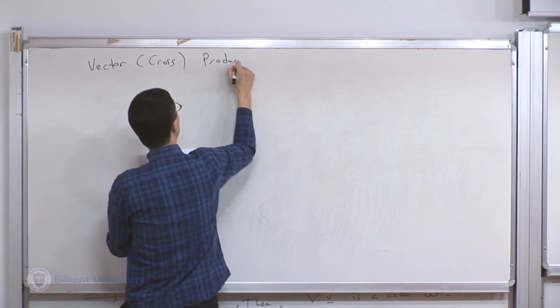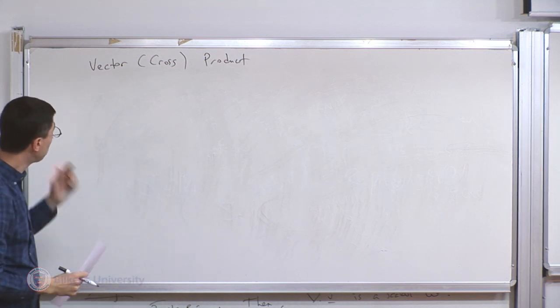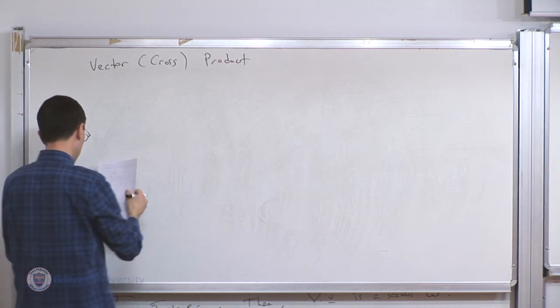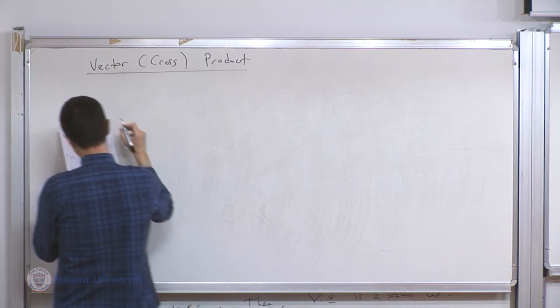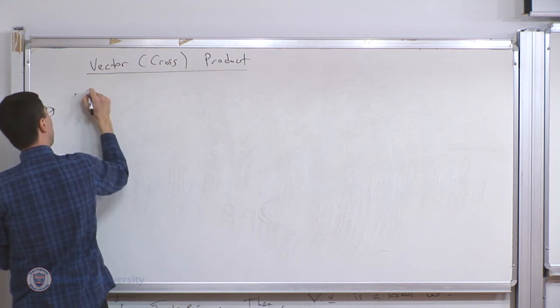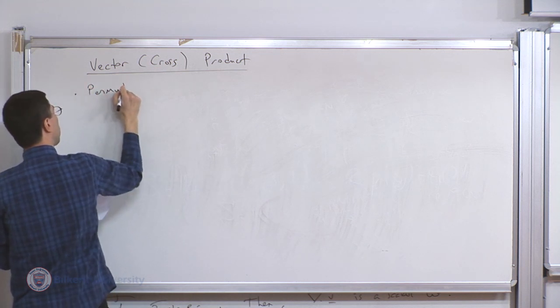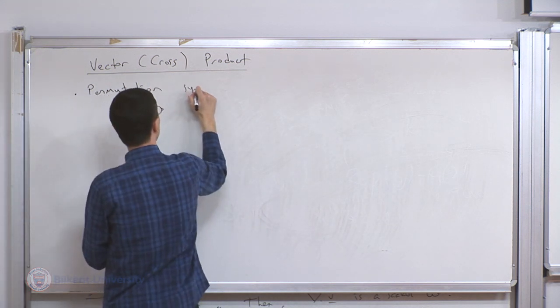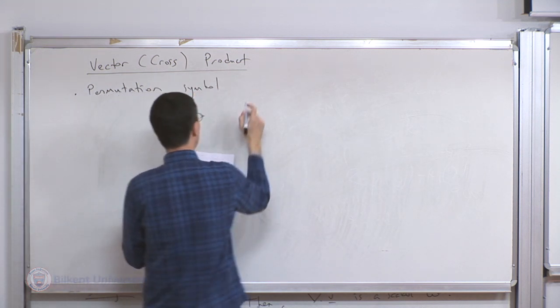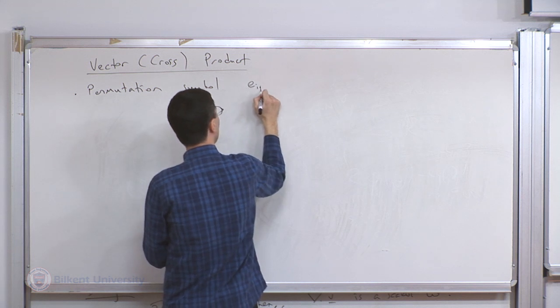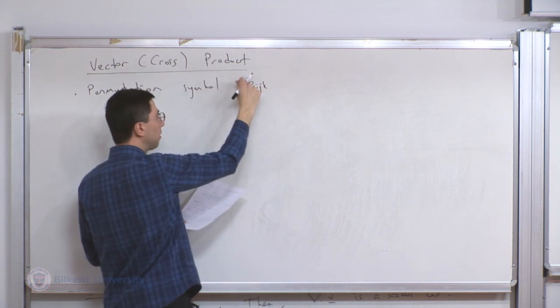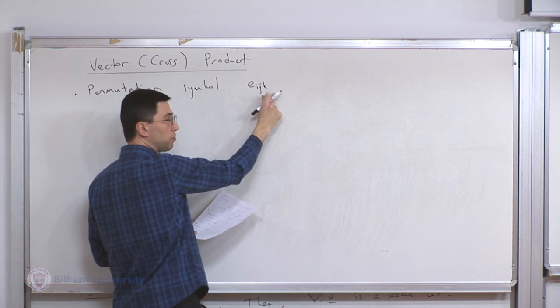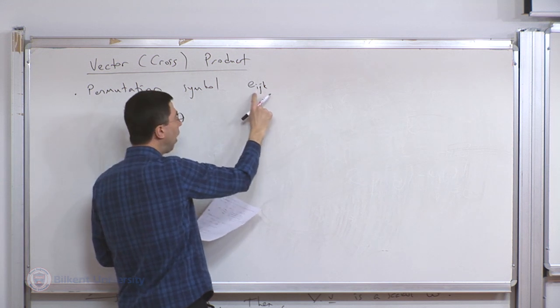So the curl, or the cross product. Now, there are different ways of defining this, so I will give you at least two ways. The permutation symbol is something that I like to use. It's E, that's a standard choice, with three subscripts i, j, k.